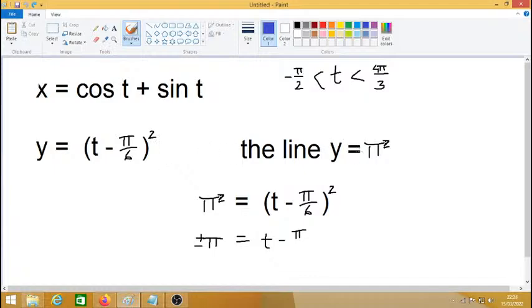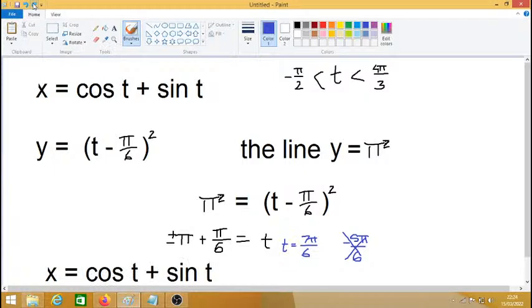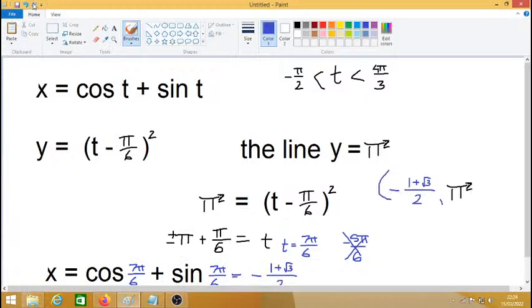So the y can be substituted for the pi squared, so you're left with pi squared equals (t minus pi over 6) squared. Doing a bit of rearranging, you can solve it for t, and now you can put that t into the x equation, and that'll give you your x coordinate, and you already know your y coordinate from the question itself.